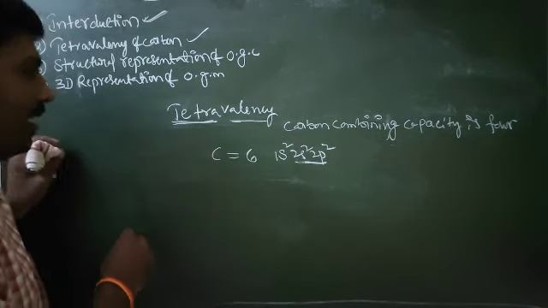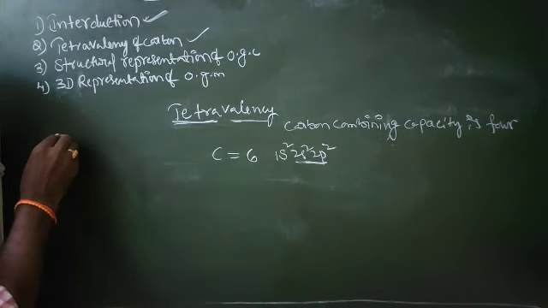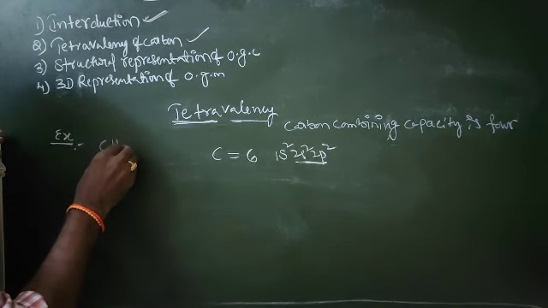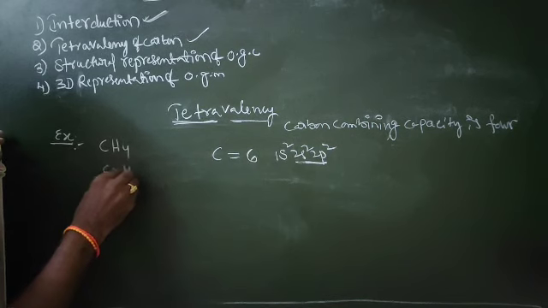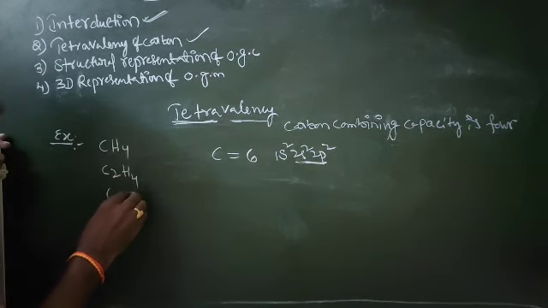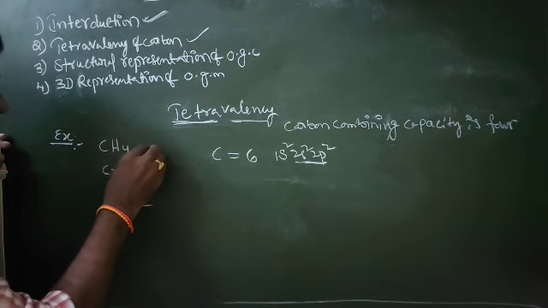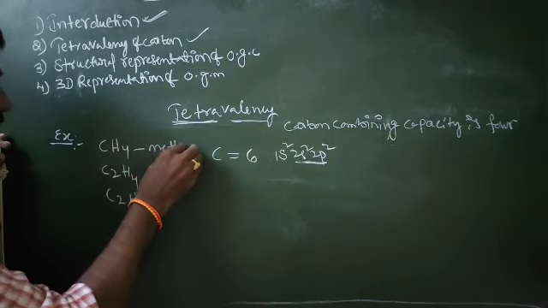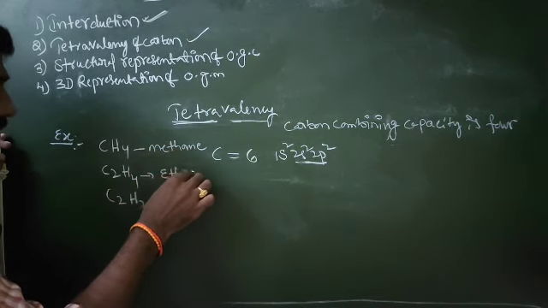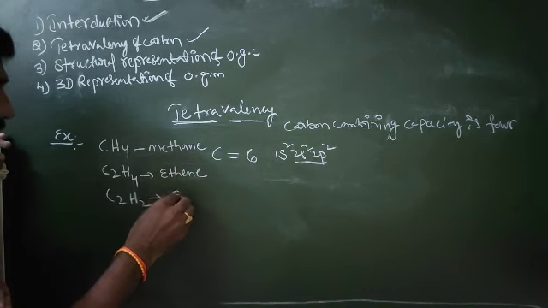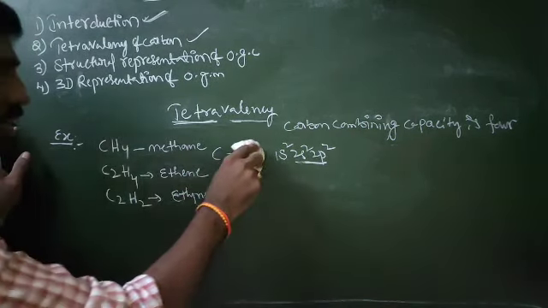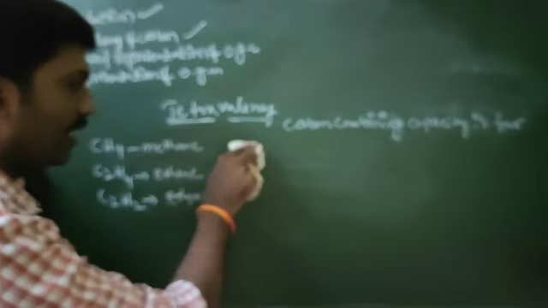Next, some organic compound examples: CH4, C2H4 and C2H2. This is the methane molecule, this is ethene, this is ethyne. Carbon has tetravalency, you know that.